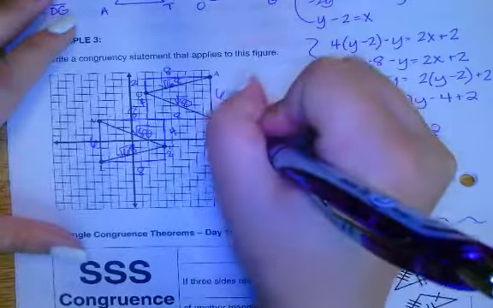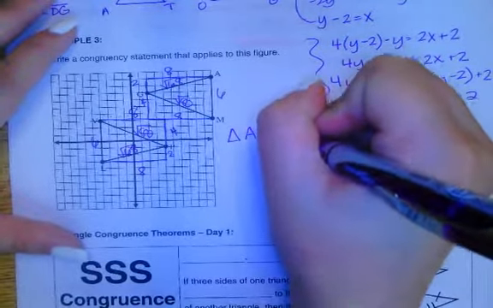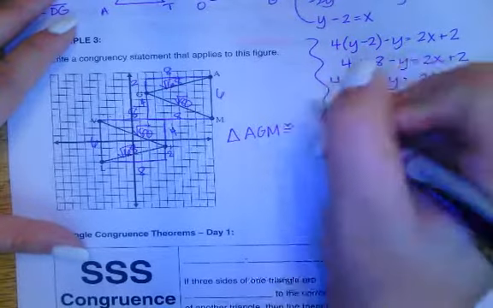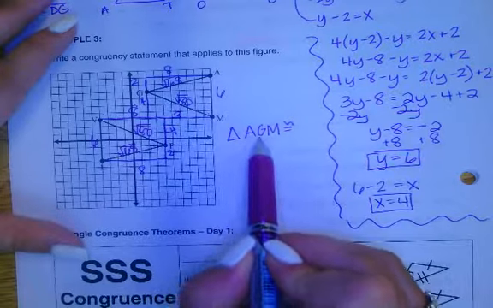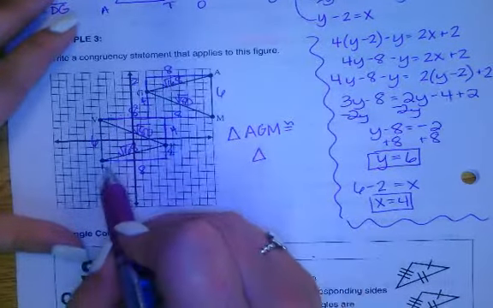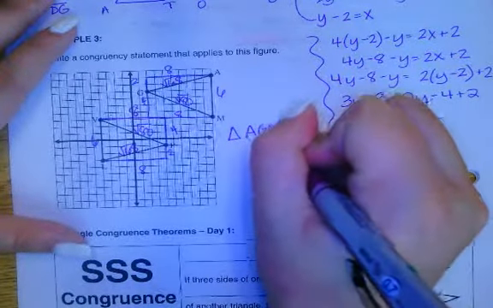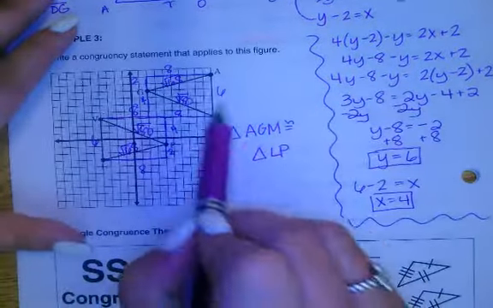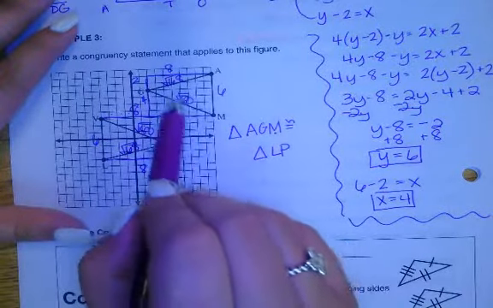Okay, so when we start naming our triangles, if we have A, G, M, that's going to be congruent to triangle... Which side corresponds with AG? LP. Which side corresponds with GM? PV.